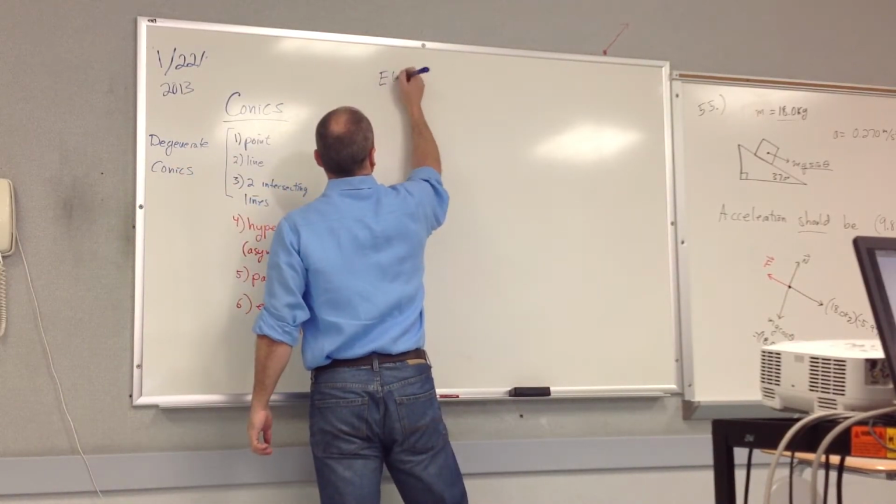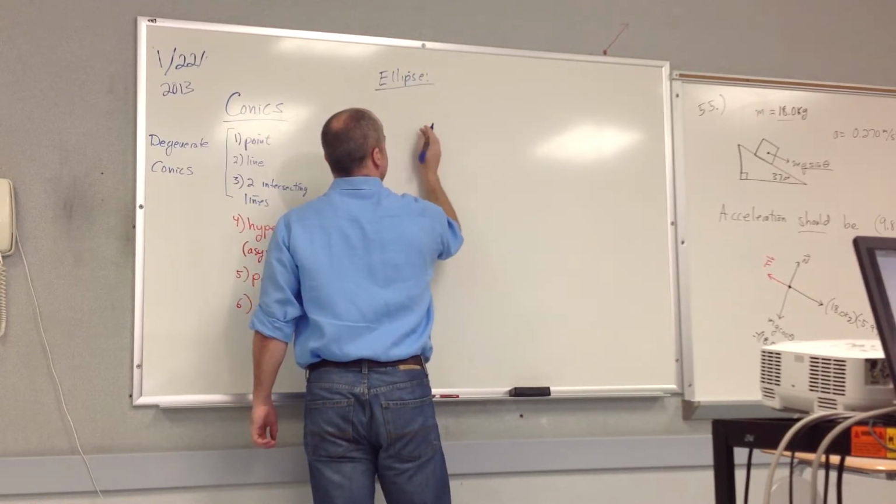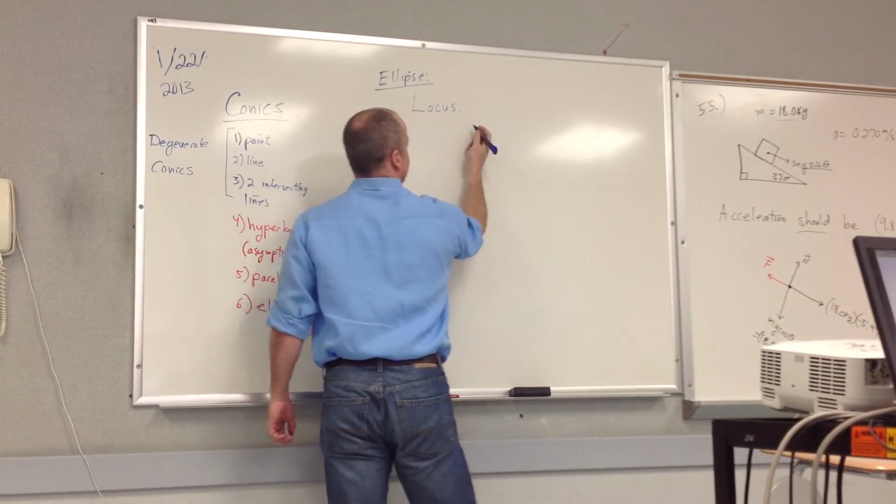Now, ellipse. The property of an ellipse is a little bit more complicated. The locus of an ellipse.